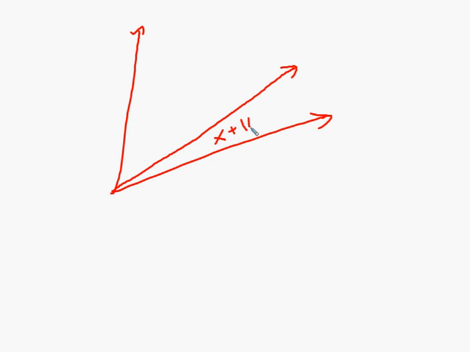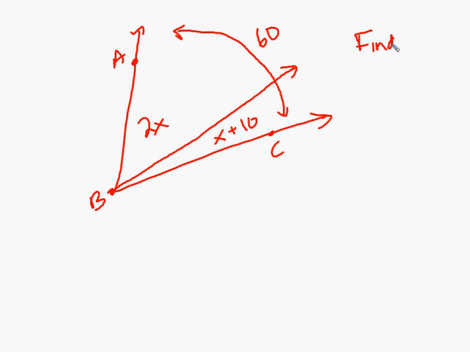All right, so let's get some algebra in here. So we have x plus 10, and let's say we have 2x, and let's say this whole thing is 60. Now let's label some points, A, B, C. Let's say I want to find the measure of angle ABC.